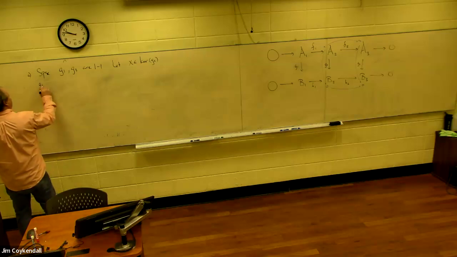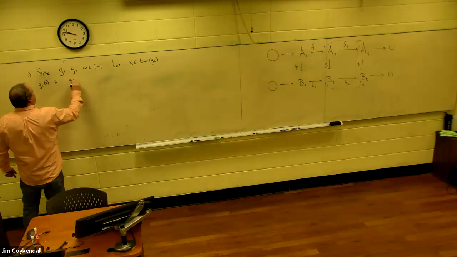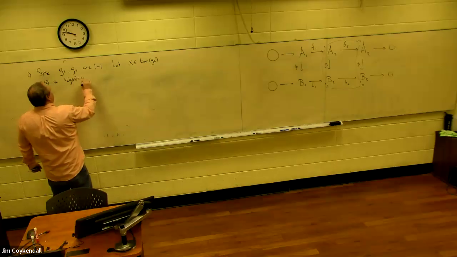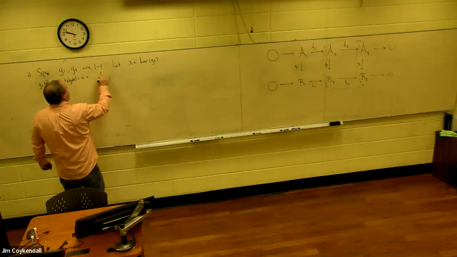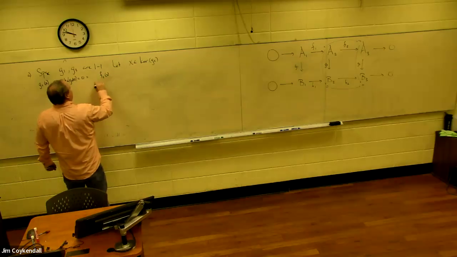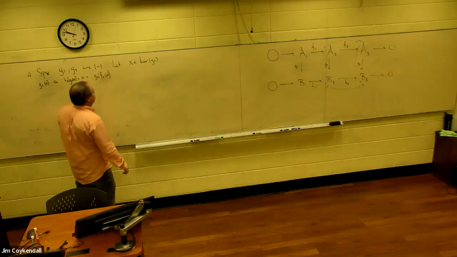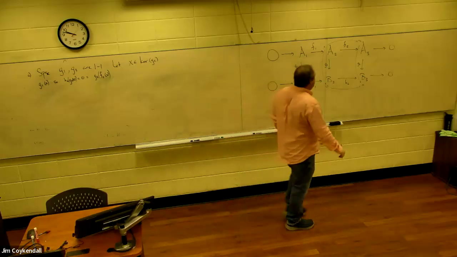G2 of X is 0. So H2 of G2 of X is 0. And this should equal F2 G3 of X. So what do I know?